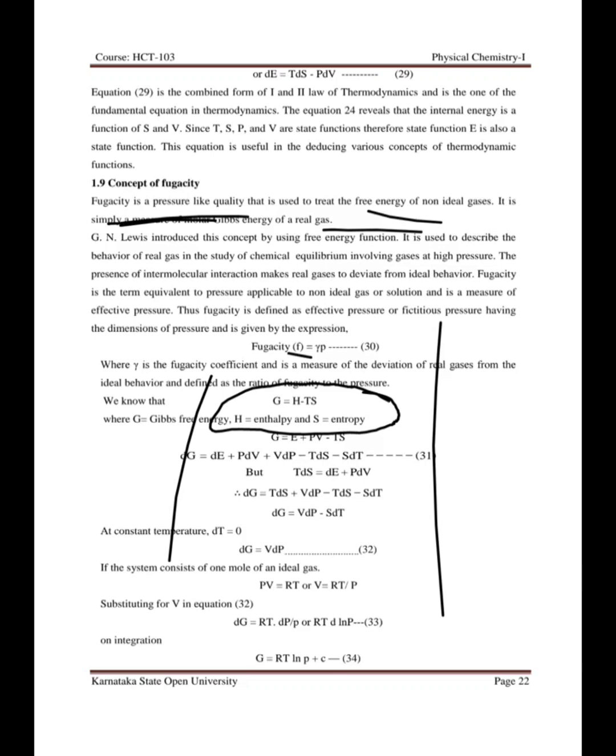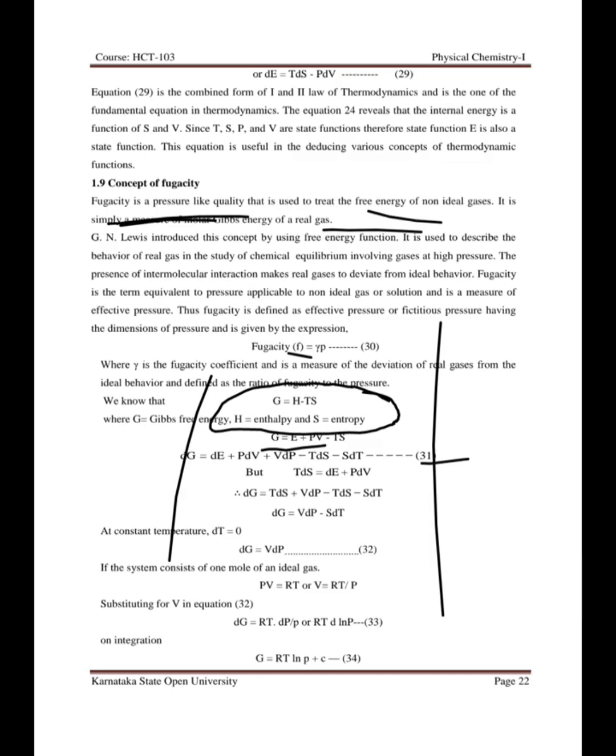After setting up the fugacity equation, G is equal to E plus PV minus TS. By differentiating here, delta G is equal to delta E plus PdV plus VdP minus TdS minus SdT.